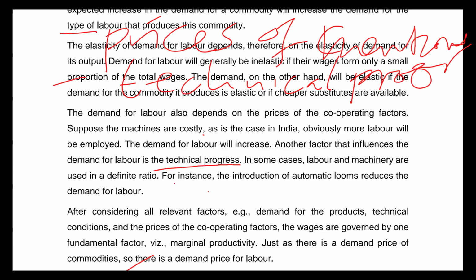Now, in some cases, labor and machinery are used in a definite ratio. For example, the introduction of automatic looms reduces the demand for labor, or those automatic robots, among others.